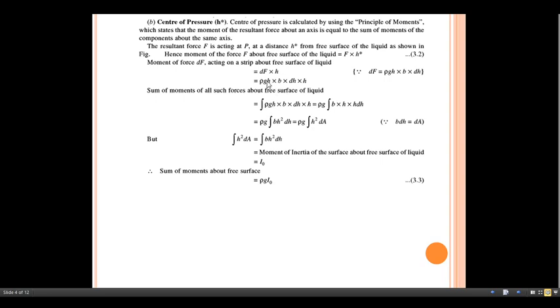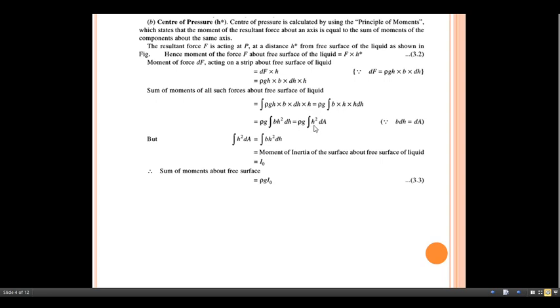So integrate rho g h multiplied by b multiplied by dh multiplied by h. Take rho g outside of the integration sign and keep the remaining part inside. Here h multiplied by h is h square, dh remains as it is, and b and rho g remain as they are.